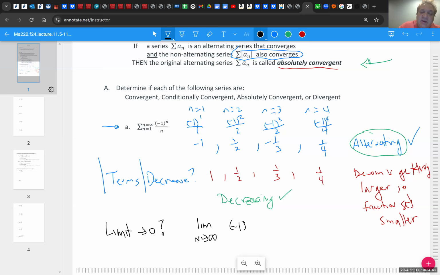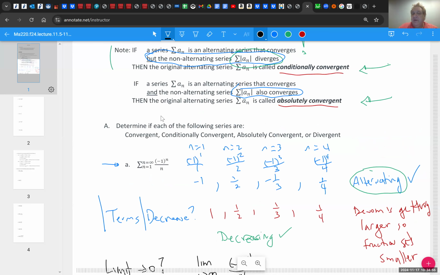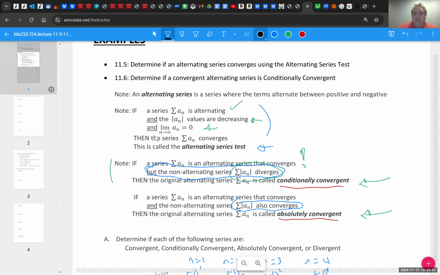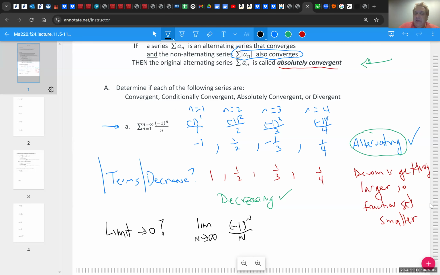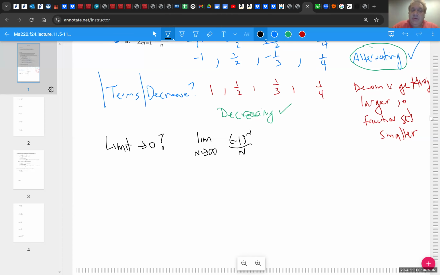It's (-1)^n over n. That's our sequence of numbers that we're making into a series to add up. And all we have to do is show that the limit is equal to 0, and we're good to go. The negative signs almost never make a difference. And as you'll see in all the examples I'll be doing today, they don't really matter either.